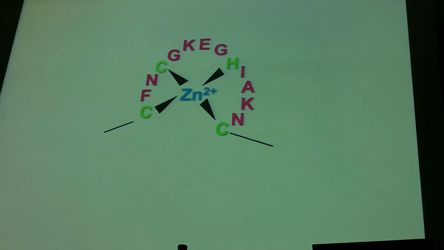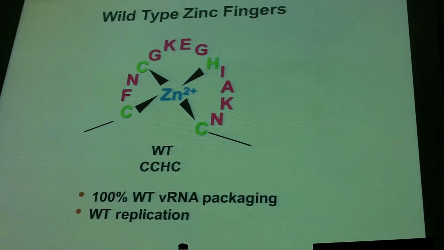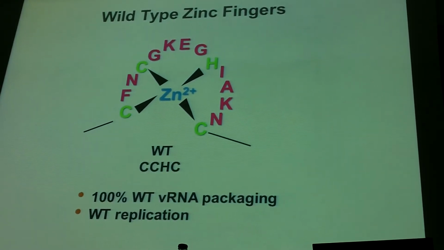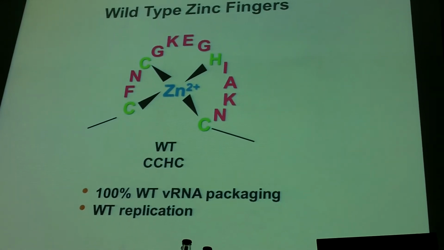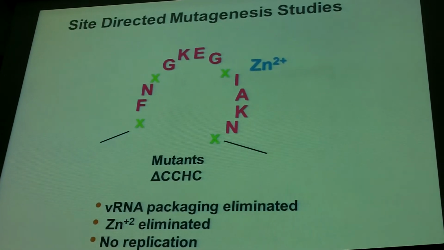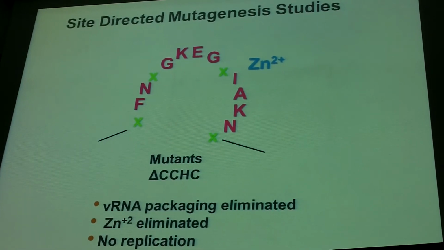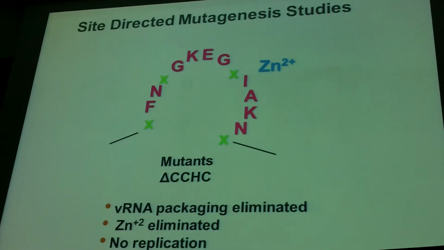We know that the cysteines and histidine coordinated zinc, and the wild type virus had zinc coordinated, and if it did, it packaged 100% of its wild type RNA and had wild type replication. One of the, for me, eye-opening experiments was one that Rob Gorelick prepared, in which he would mutate any of the cysteine histidine residues, and if he replaced them with other amino acids, it ejected zinc.